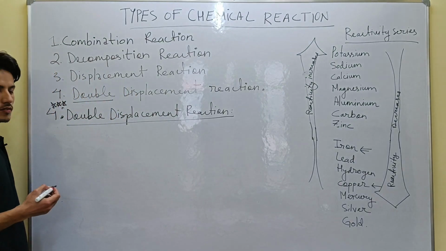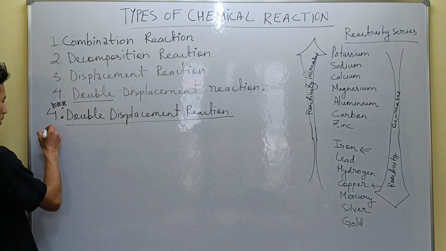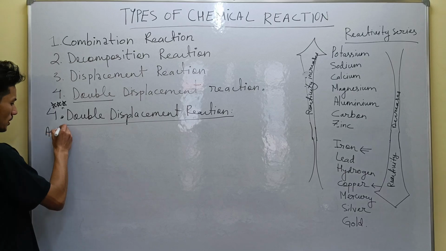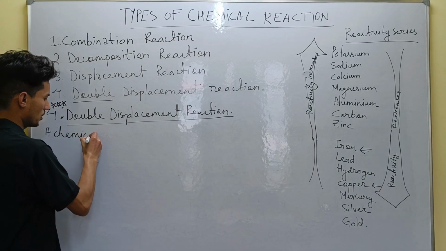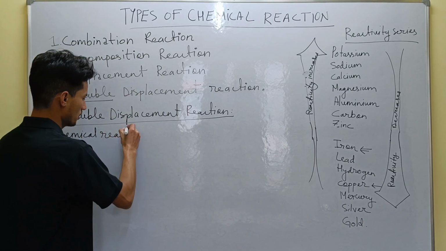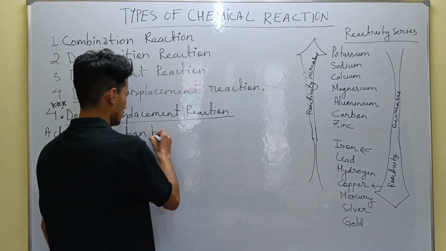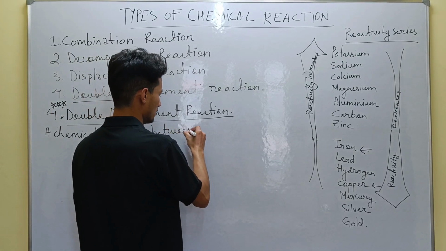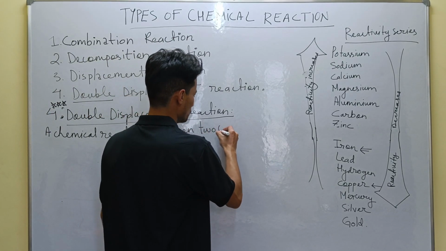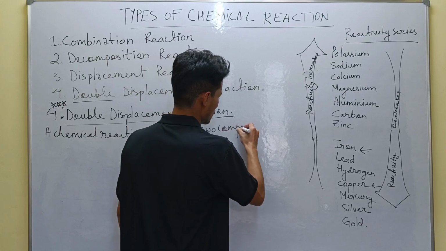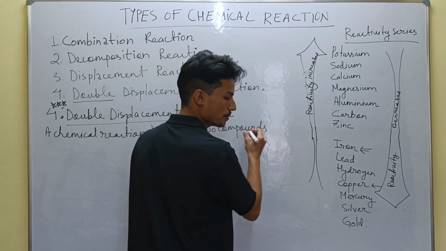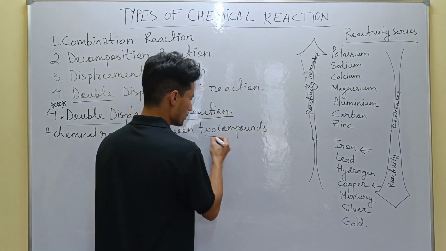So first let's write down the definition. Double displacement reaction: a chemical reaction between two compounds. Remember, in displacement reaction it was between an element and a compound. In double displacement it is between two compounds.